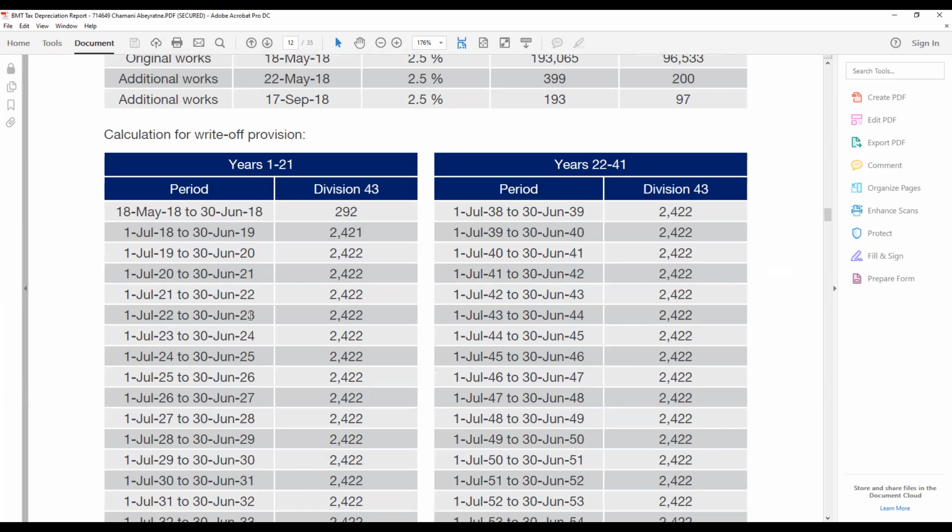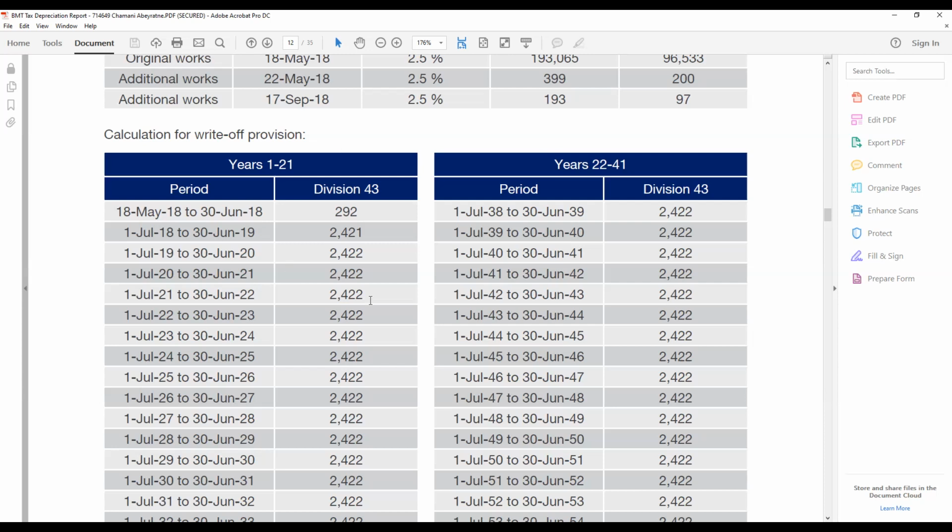Some depreciation preparers give 10 years, some 20 years, some 40 years. Normally it's 40 years for the lifetime of the building, mainly for investment property. That's the reason they're preparing for 40 years. However, that will vary depending on the depreciation schedule preparer.